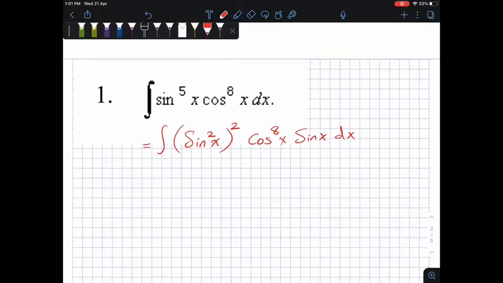So sine to the power of 5 x, we split it off into the product of two factors, sine squared all squared times sine x. We can write sine squared x using the relevant identity as 1 minus cosine squared x, and this all squared, times cosine 8 x and sine x dx.